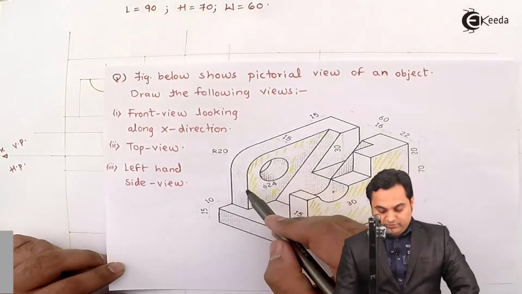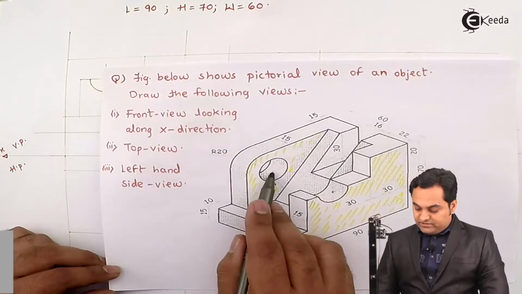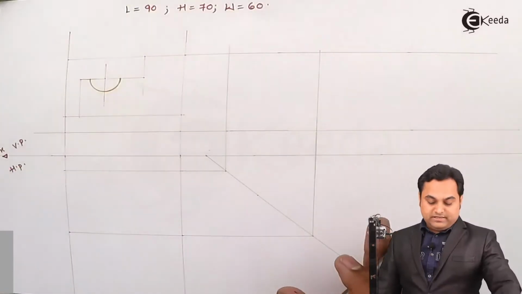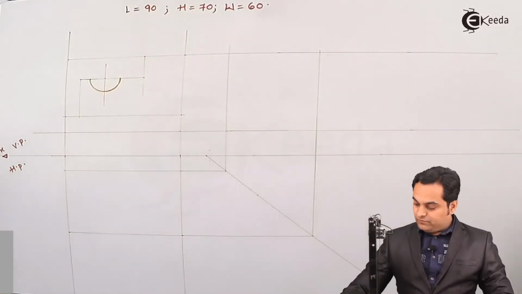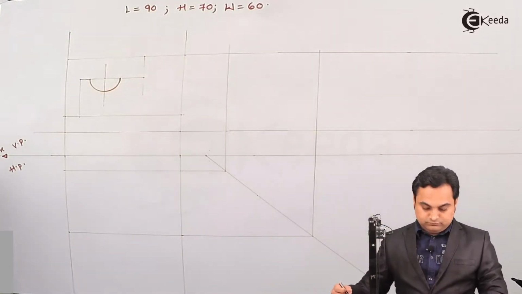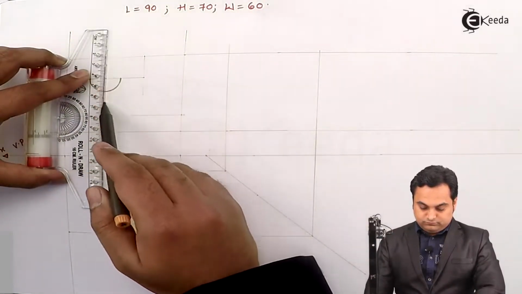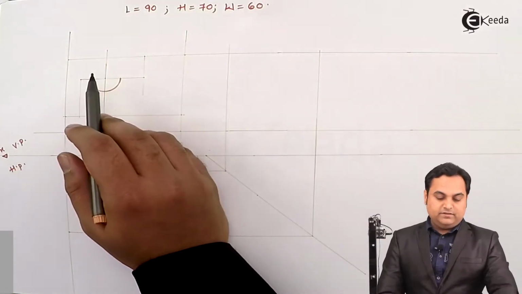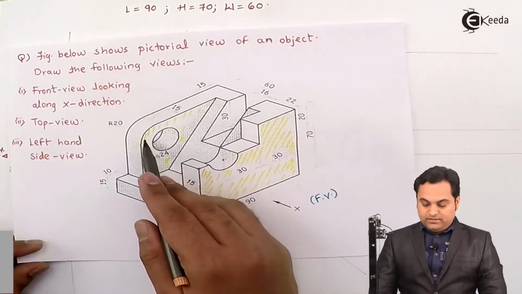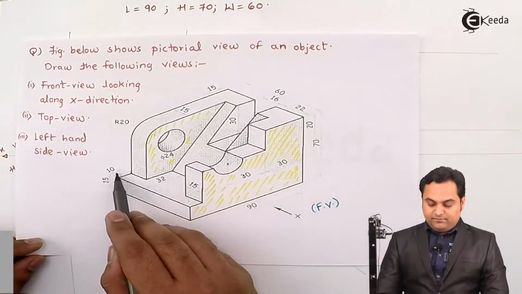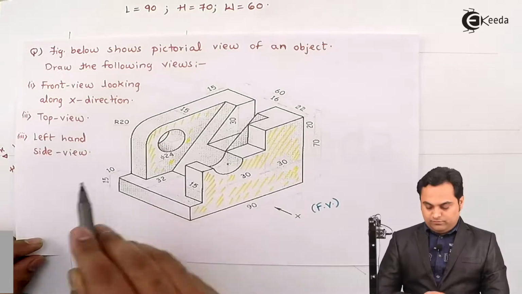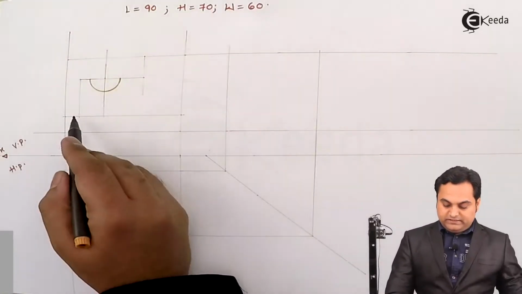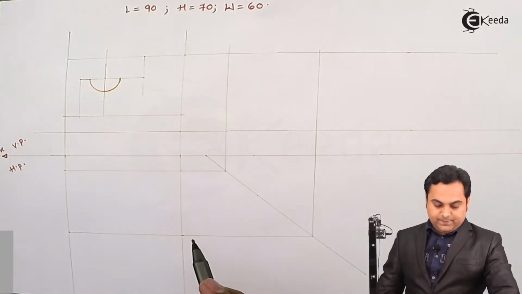So now I will be drawing this portion. For that the center is same as I have taken for this semicircle, and this portion is starting after 10 mm from the left hand side. That length we have already taken here.